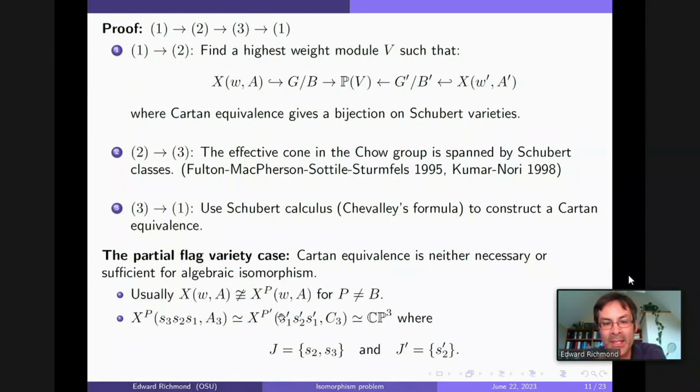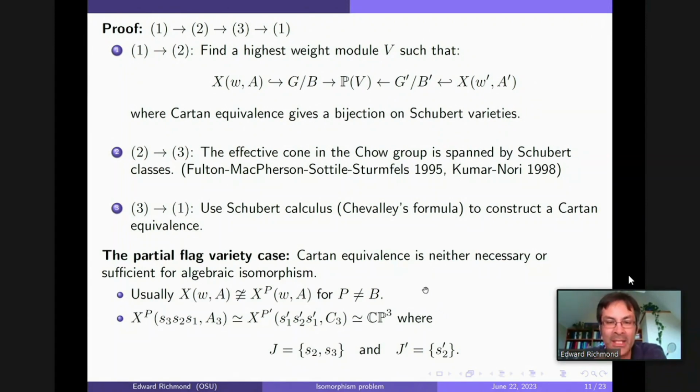In fact, the support sets of these two Schubert varieties are different. This is 1, 2, 3. This is 1, 2, 1. And so Cartan equivalence doesn't have a chance, but things can become isomorphic.